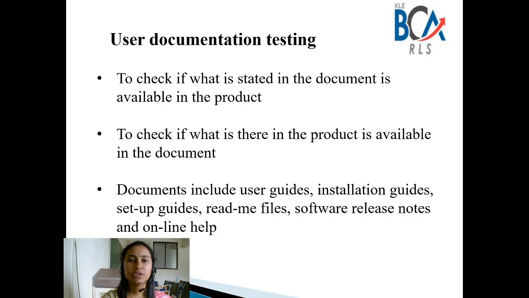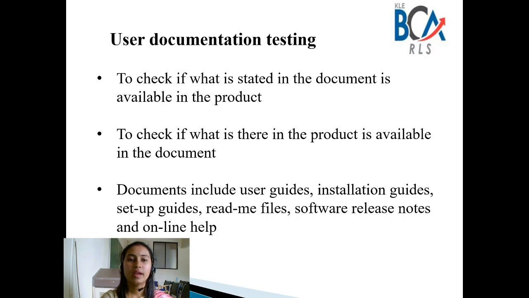First you will check whether the product has all the content or all the required features which are stated in the document, and next you need to check if there are features in the product which are not available in the document.